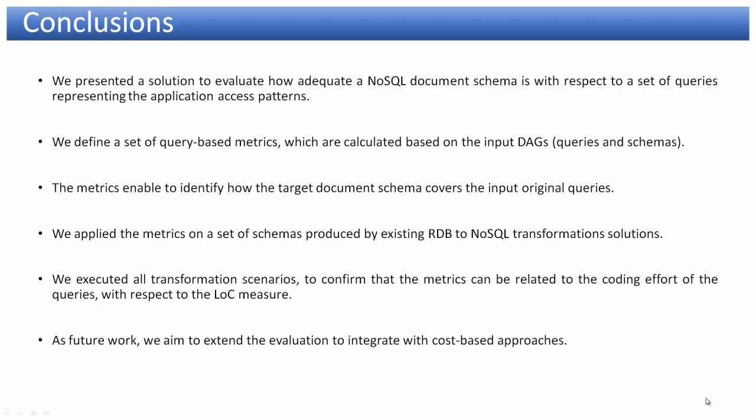We applied the metrics on a set of schemas produced by existing RDB to NoSQL transformation solutions. We executed all transformation scenarios to confirm that the metrics can be related to the code and effort of the queries with respect to the LOC measure. As future work, we aim to extend the evaluation to integrate with cost-based approaches.